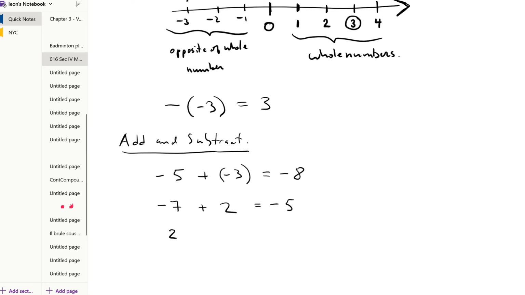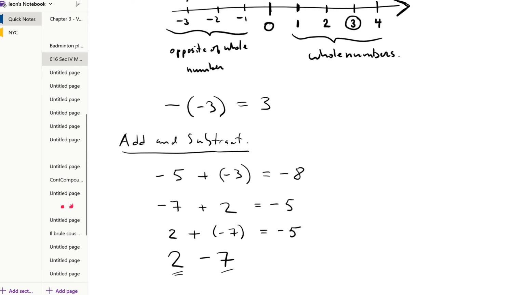Of course, this is the same as 2 plus -7, because we move 2 units to the right and then 7 units to the left. We end up 5 units to the left, so at -5. If I write something like 2 minus 7, I can interpret the subtraction from an integer 2.